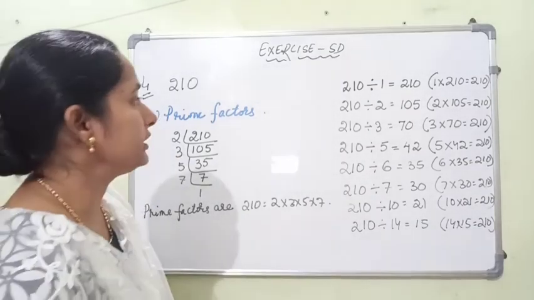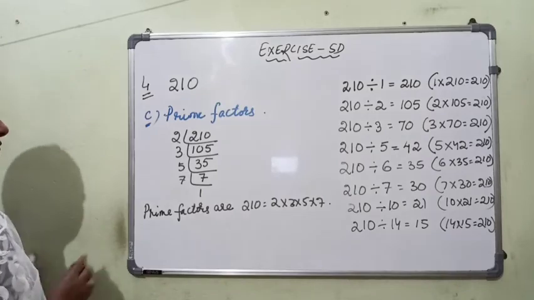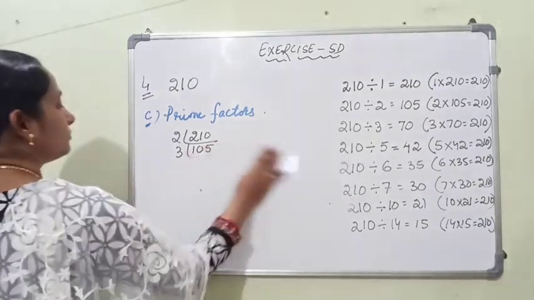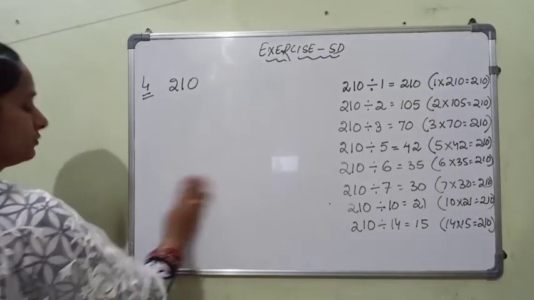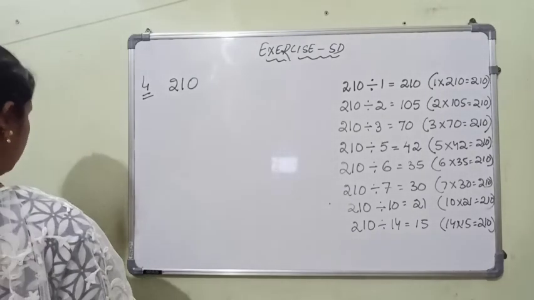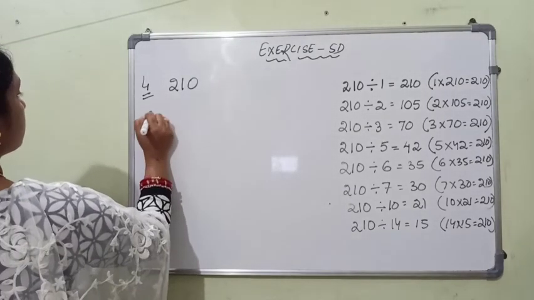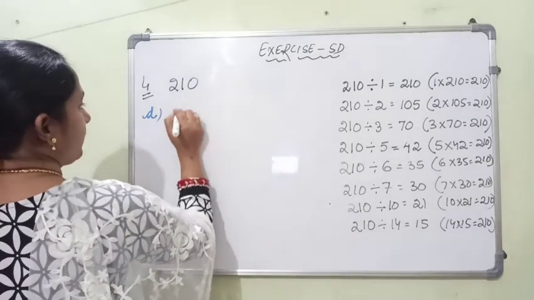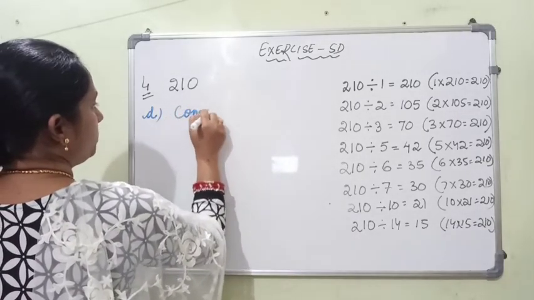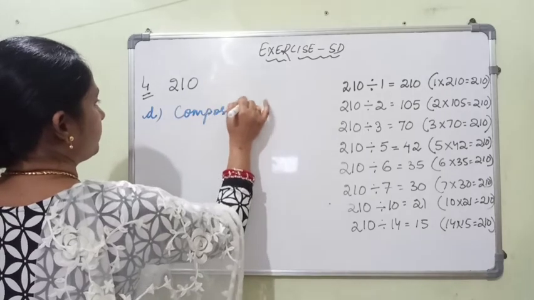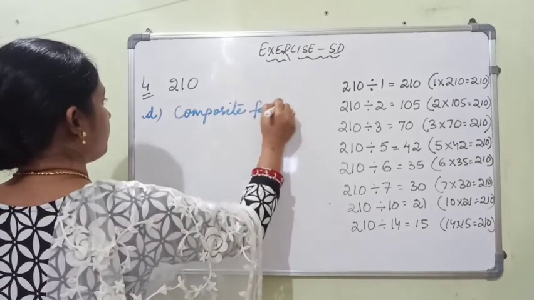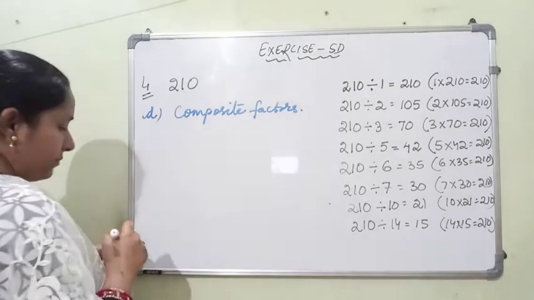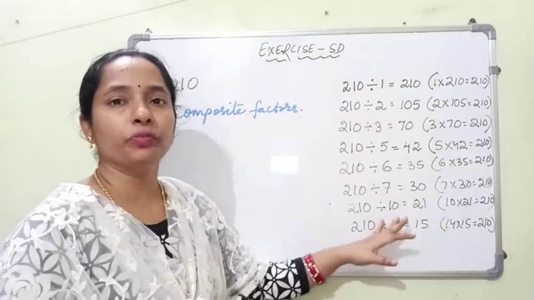Okay, so let us write them. Bit D is writing the composite factors. So from here itself you choose the composite factors.